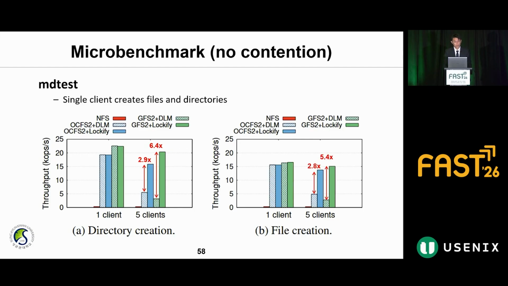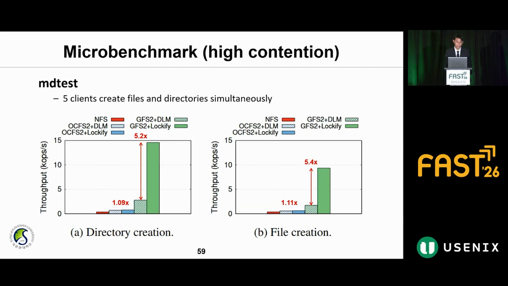In the micro benchmark with no contention, we achieved up to 6.4 times better performance. Our approach started from no contention, but its benefit is not limited to that. In the high contention scenario, where 5 clients create files and directories simultaneously in the same directory, it achieved up to 5.4 times better performance.